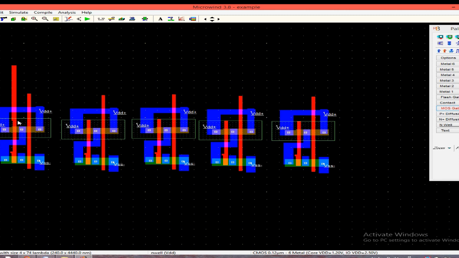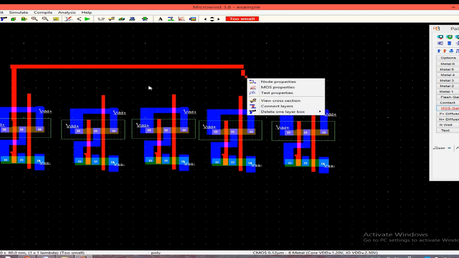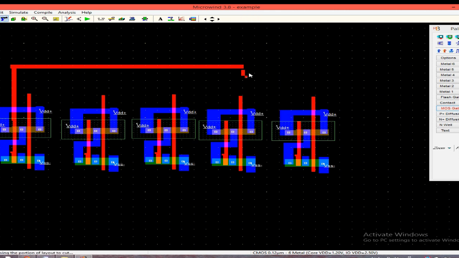So taking these structures likewise, and then what you have to do is connect it as its requirement.